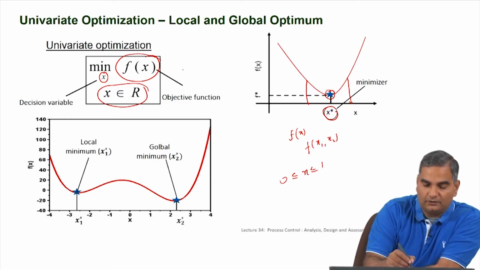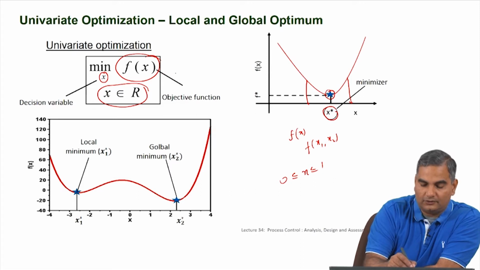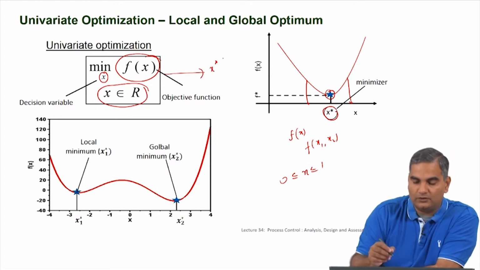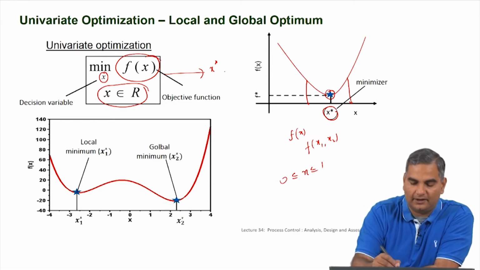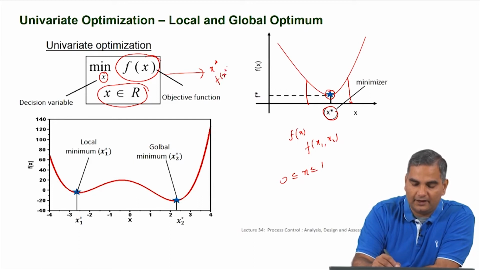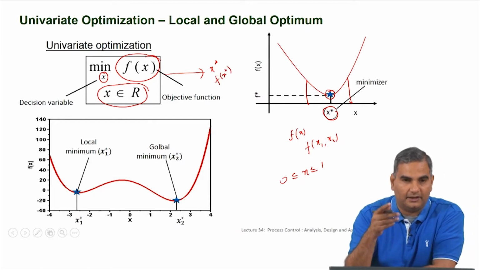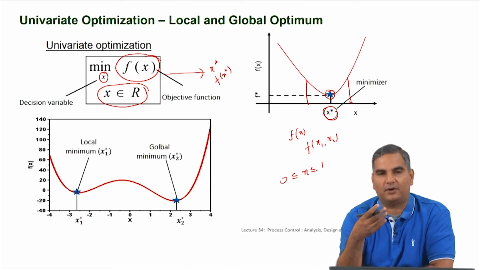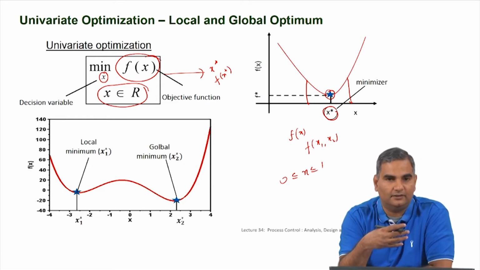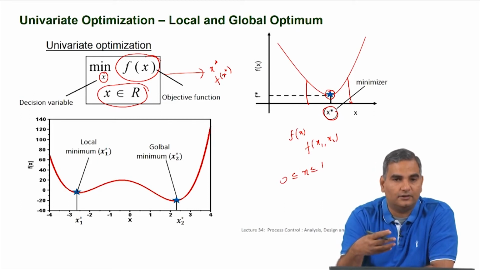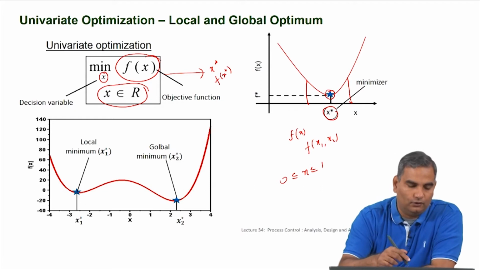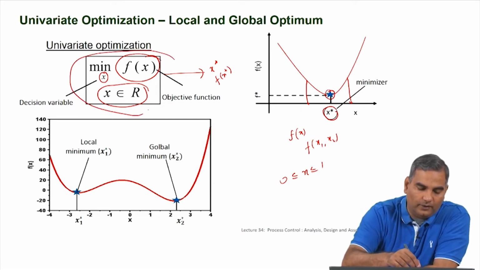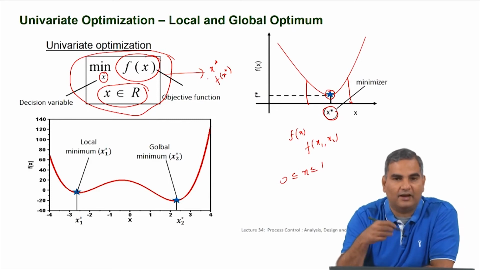When we solve this, we get x star as the solution, and once you get x star, you can find the minimum function value by substituting x star in f. So from x star you get f of x star, which is the minimum value of the function, but the key result that any optimization problem is looking for is the solution, which is the values the decision variables should take so that the function is optimized, in our case minimized. You can think of the outcome of solving an optimization problem as values for the decision variables.